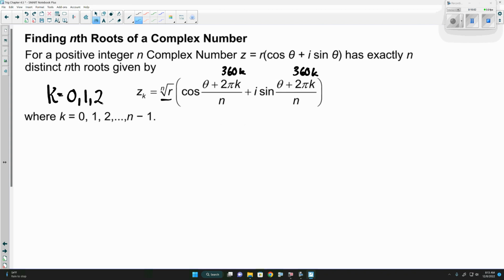Now, one of the nice things with this formula is that the angle in both of these is the same. So whatever we have for one, we'll have for the other, for the angle.